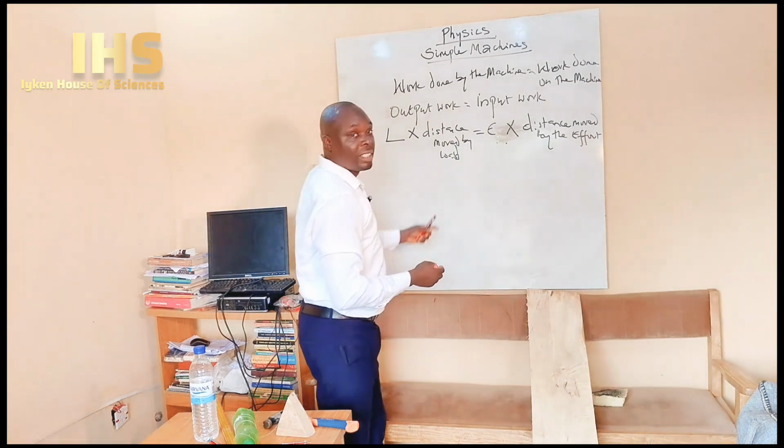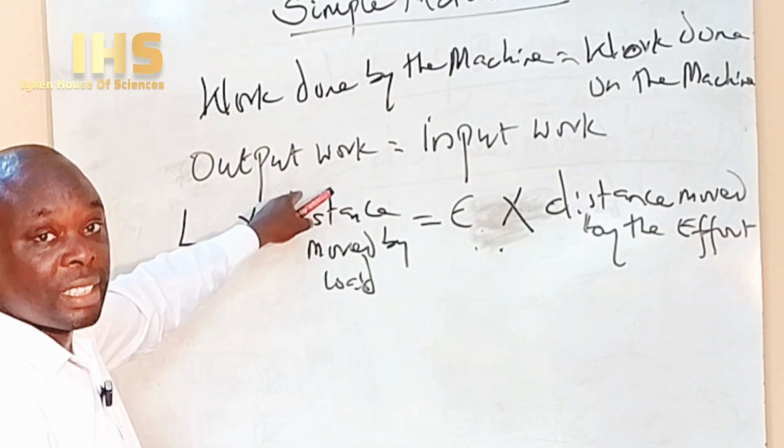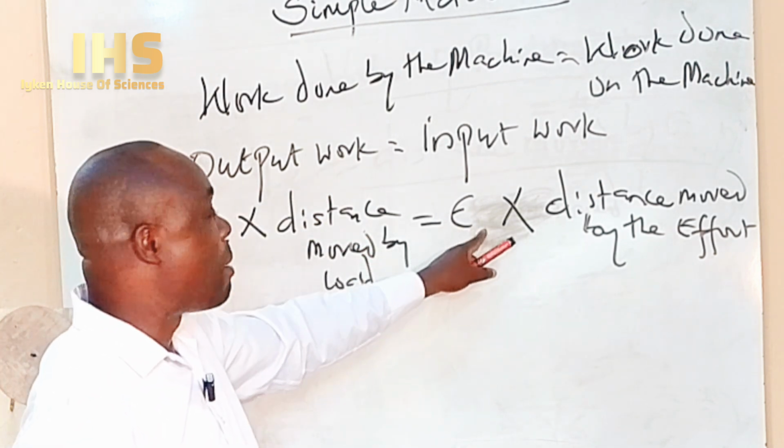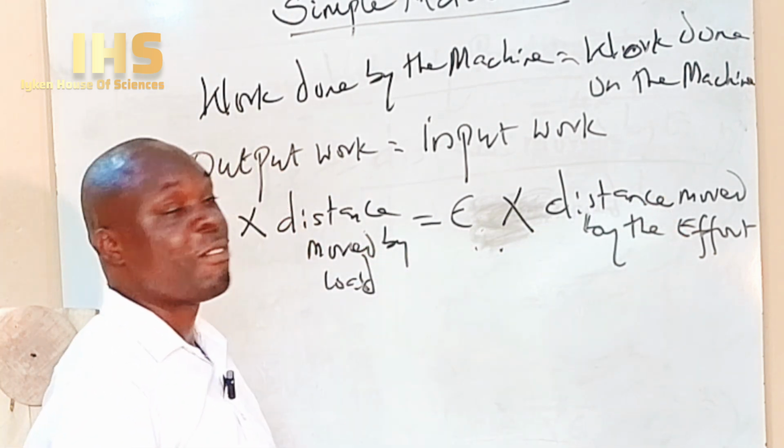So load multiplied by distance moved by the load equals effort times distance moved by the effort.